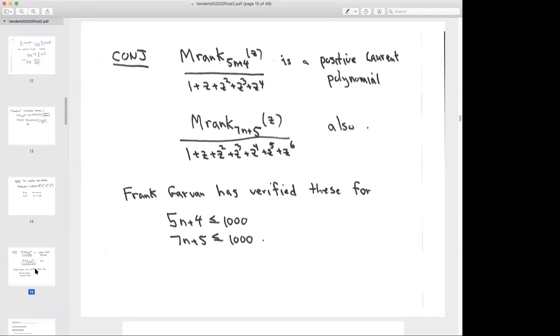There should be some 5-cycle symmetry going on with this modified rank instead of the normal rank. And I'm saying that that's why we haven't been able to do it with the normal rank. It was slightly off; this is a better statistic to have. So I want to thank Frank, who has verified these 2 conjectures up to about 1,000.